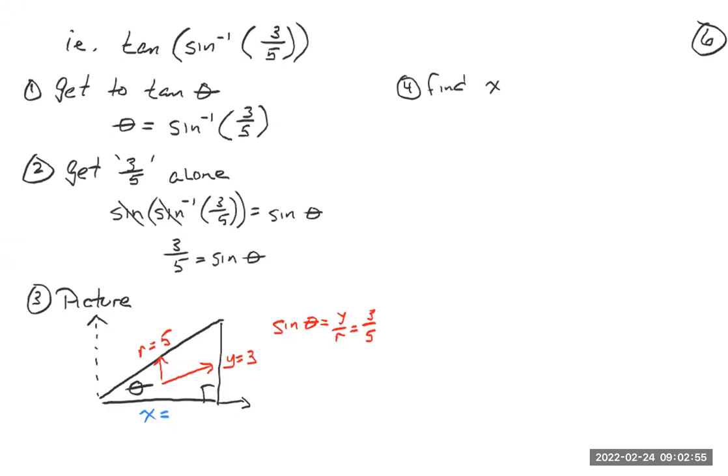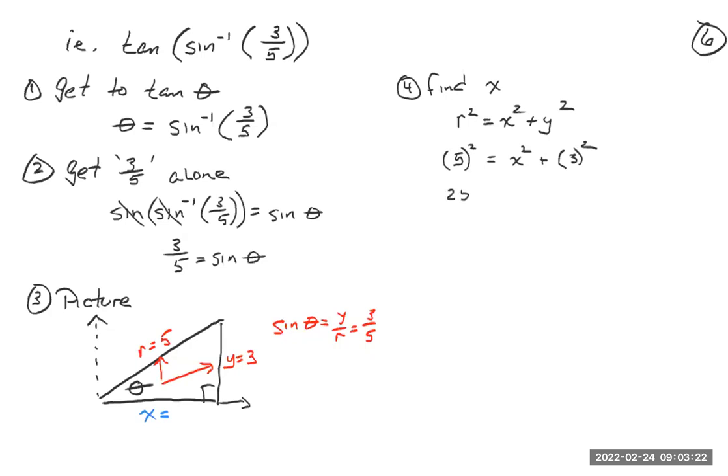So we want to find x, and we're going to do that by starting with r squared being equal to x squared plus y squared. We can put 5 here and square it. I should put it in parentheses. And we don't know x, so we're going to leave that alone, plus 3 squared.